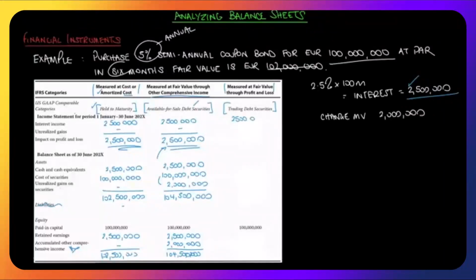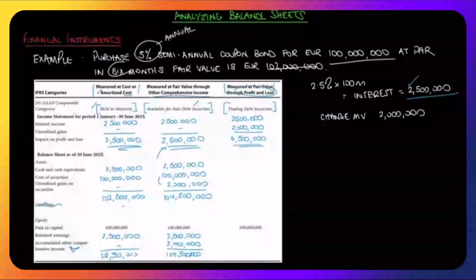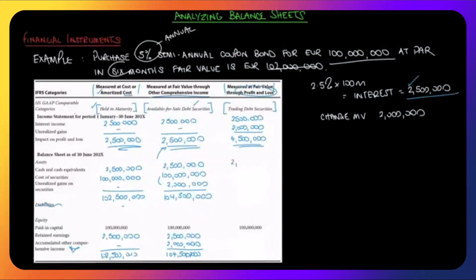And finally, trading. Interest always goes to the income statement. It's realized. It's measured at fair value through P&L, so we also see the unrealized gain. The income statement will take 4.5 million. Cash, obviously we received the interest. Cost was 100 million. Sorry, some dodgy zeros going on here.